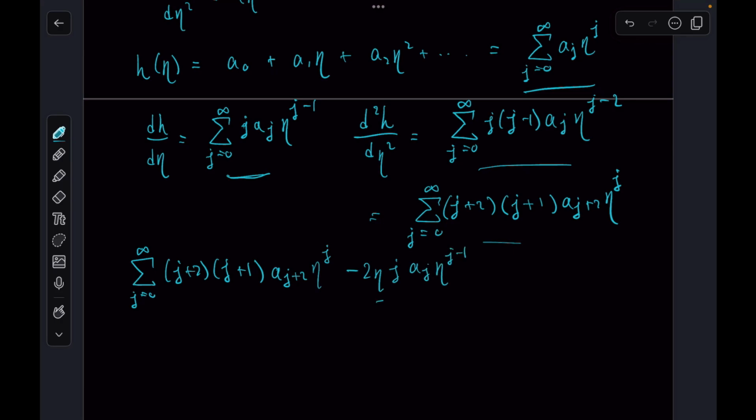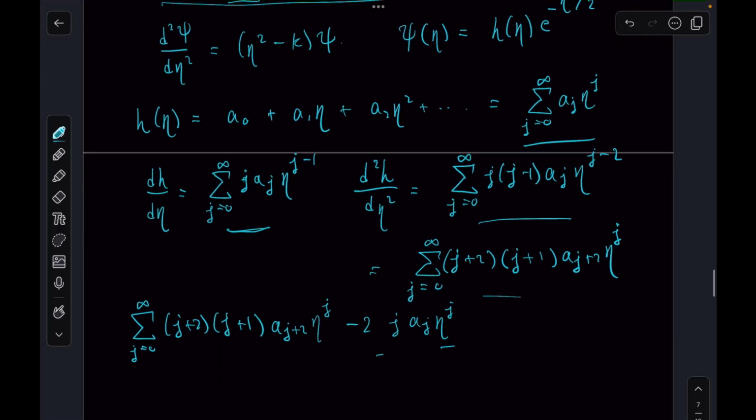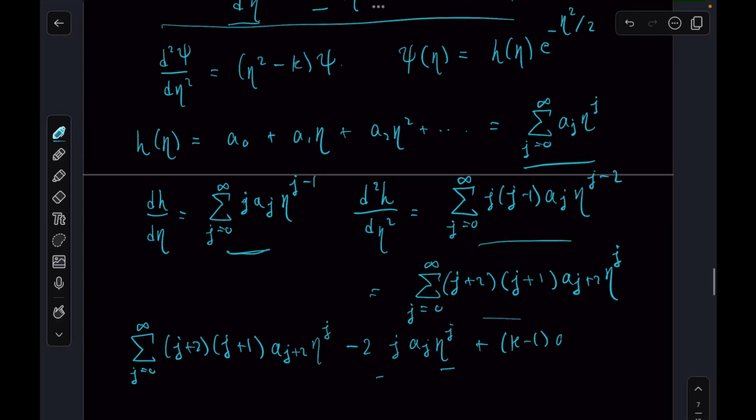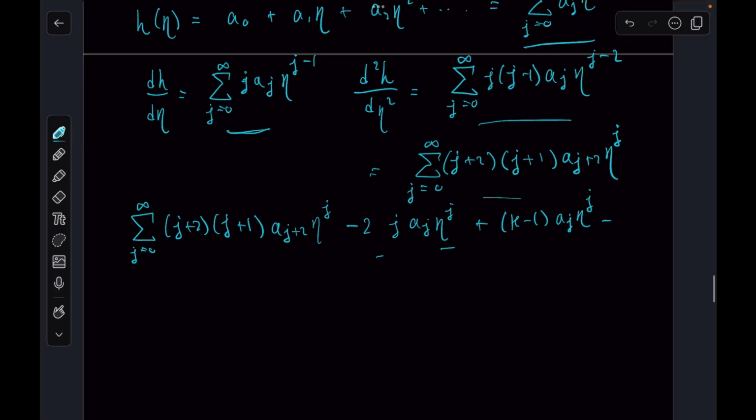This eta is going to hit this one over here, and we just have to change the power. And then plus k minus 1 times h, but h is a sub j times eta to the power of j. And all of this is equal to 0.